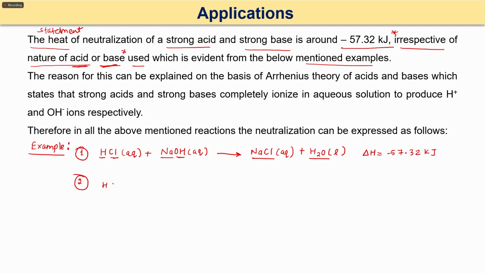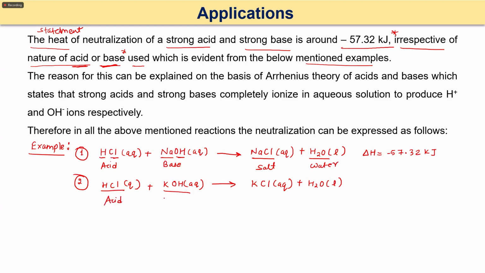Again, you are neutralizing HCl with KOH. So what will happen? Here you are neutralizing your HCl, which is the acid, with potassium hydroxide, which is the base, and you have changed the base.